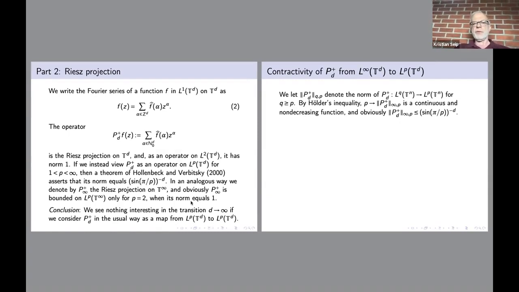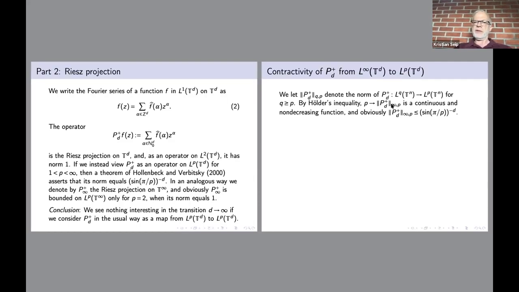So what should we do? Well, one possible thing to do is to look at Riesz projection as going from some L^q space to an L^p space. So what I will do is, in particular, to specialize to the case when we start in L infinity and go to some L^p. And of course, we have this bound.